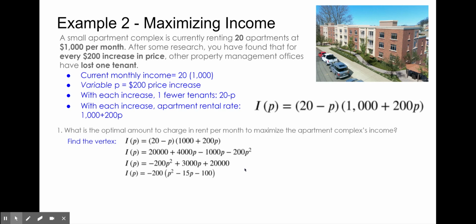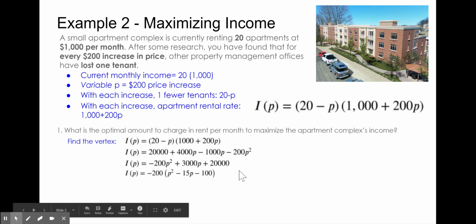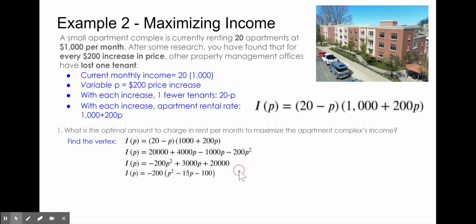To find the number in our perfect square, we take the b value, negative 15, and divide it by 2. That gives us negative 7.5, so vertex form would look something like negative 200 times the quantity p minus 7.5 squared plus or minus some number.